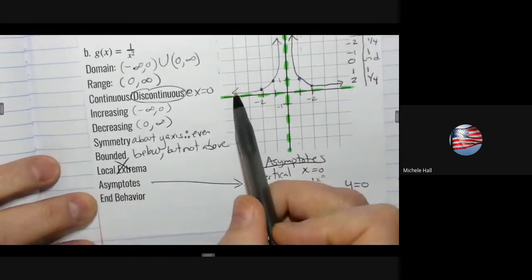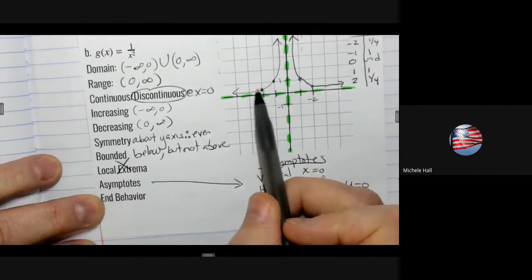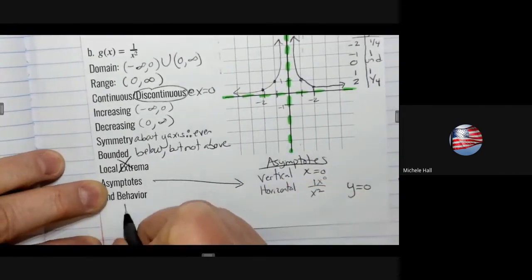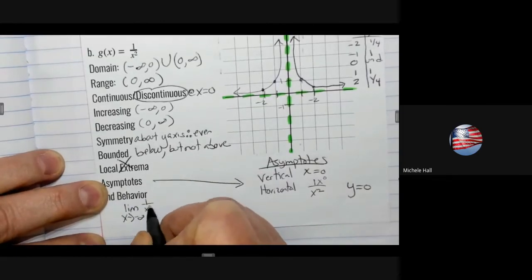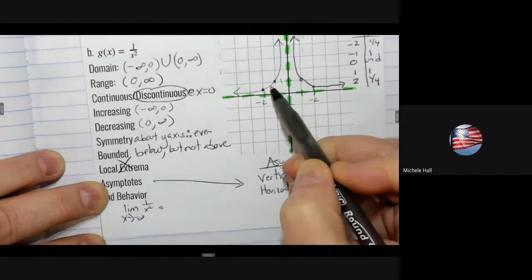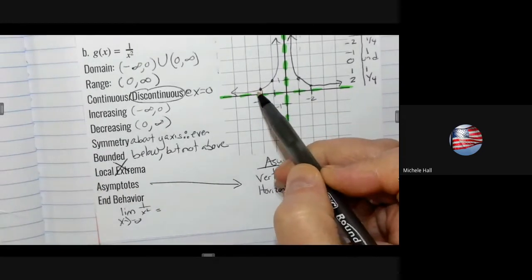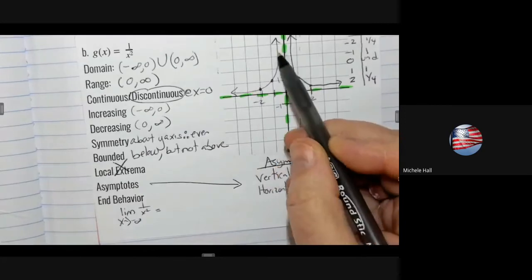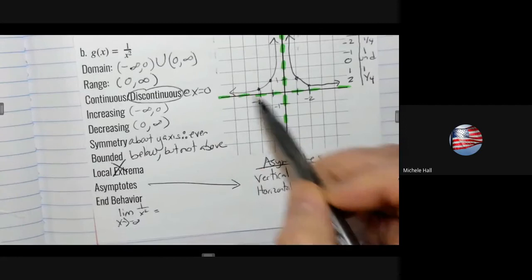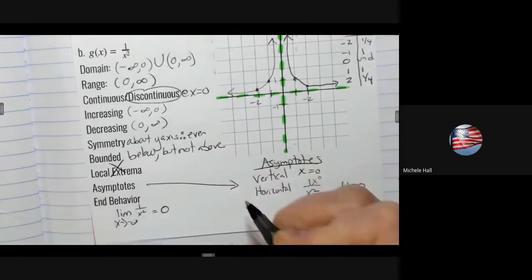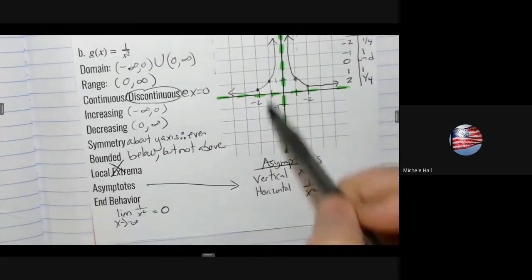We're looking at, as x is going to negative infinity, the limit as x approaches negative infinity of this function equals, well, it's not going to positive or negative infinity. It's heading towards 0.